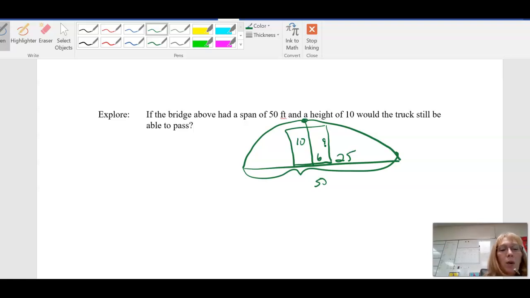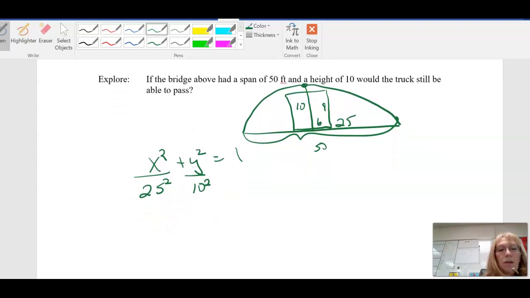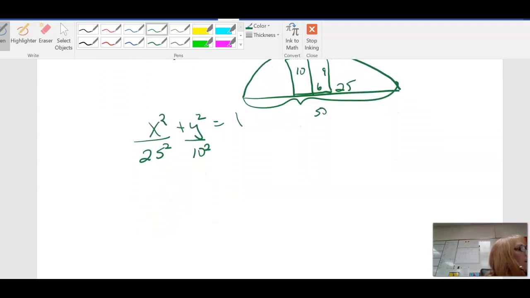So now we got to write the equation of my ellipse. So x squared plus y squared equals 1. We know x squared is over 25 squared. Y squared is over 10 squared. So now we do that math. And 25 squared is 625, so x squared over 625 plus y squared over 100. That has to equal 1. All right. The easiest way to get this is just to multiply by each other, right?